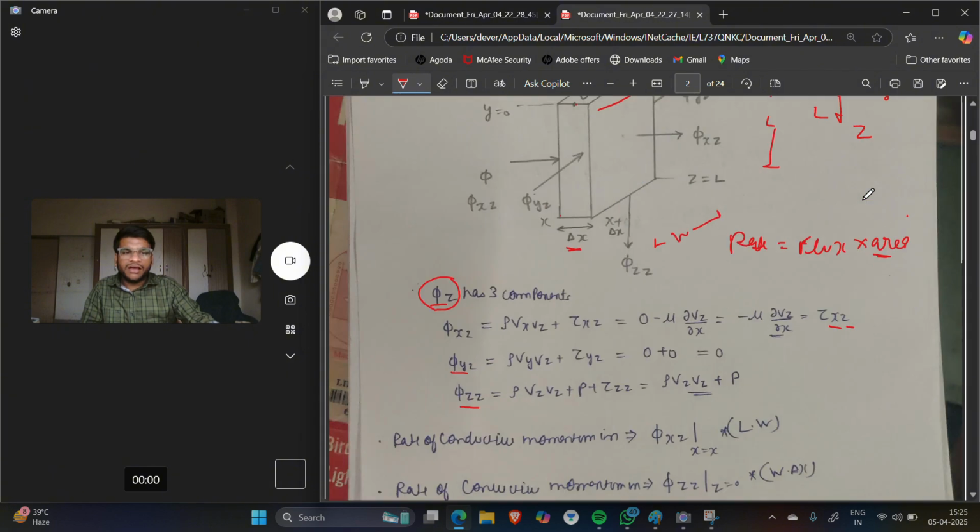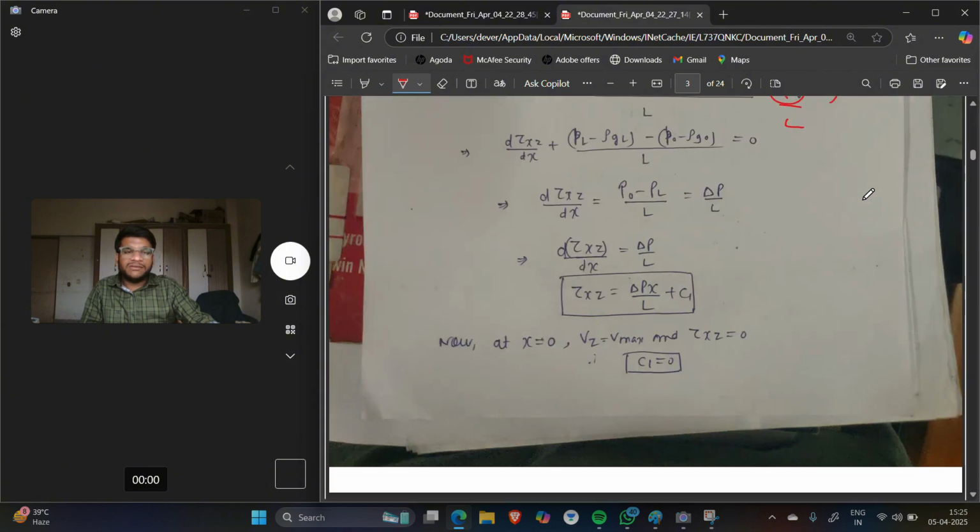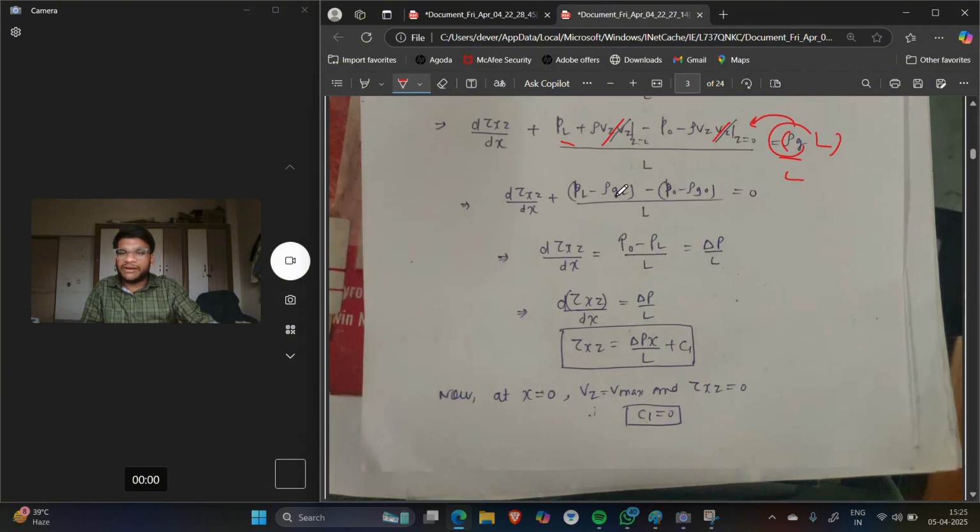So I have replaced small pl minus rho gl with capital PL, and small p naught minus rho g0 with capital P naught. And for the time being, I have assumed this term, as it is constant, to be delta P, and this is L. So this is my differential equation for momentum flux.